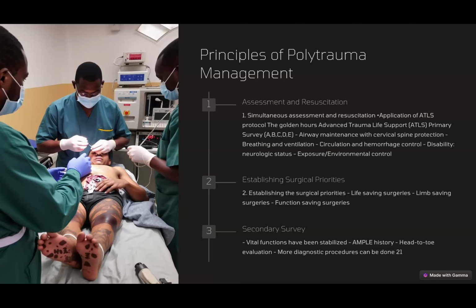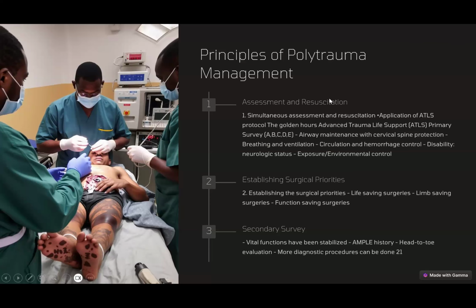There are some with the acronym written, AMPLE history. So A stands for allergies, M, medications the patient is on, P, the past medical history or pregnancy status of the patient, then L is the last meal the patient had, and E are events and environment related to the injury.